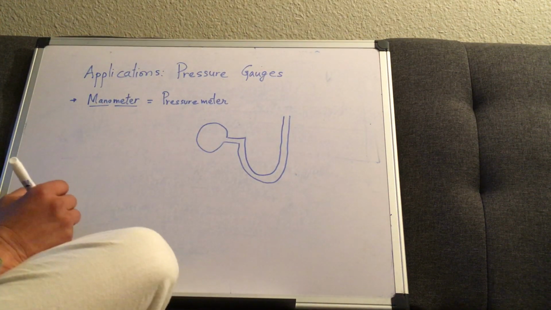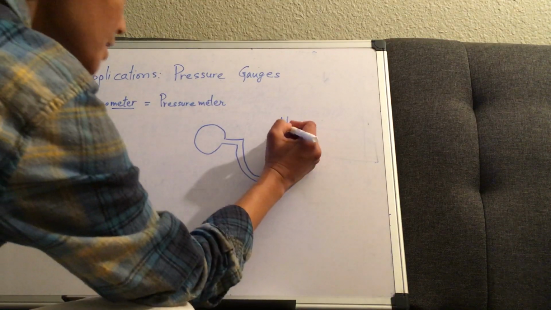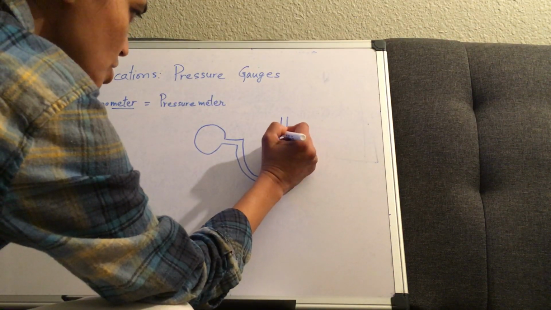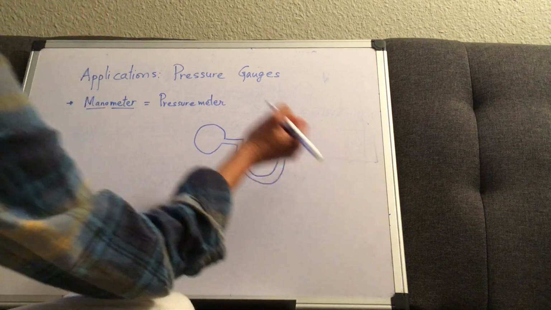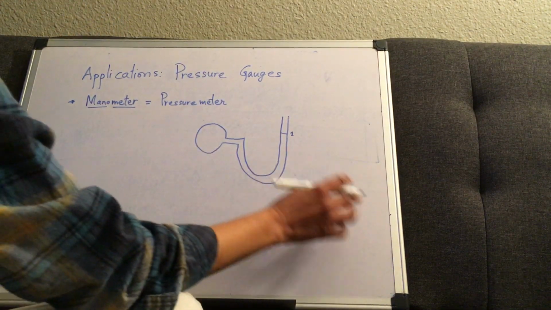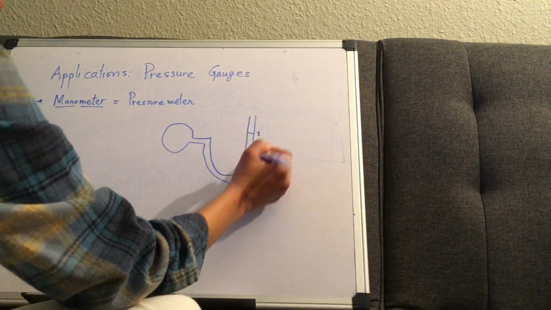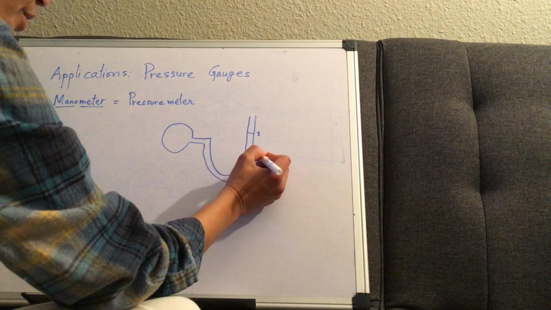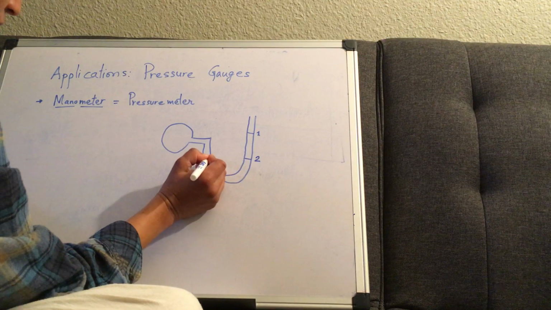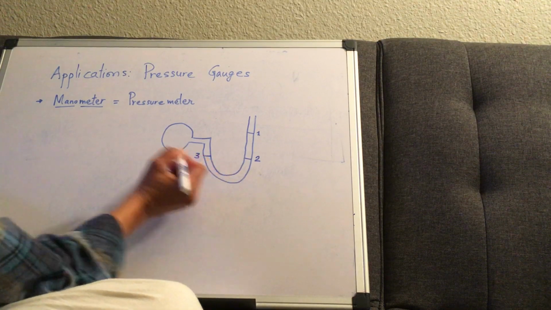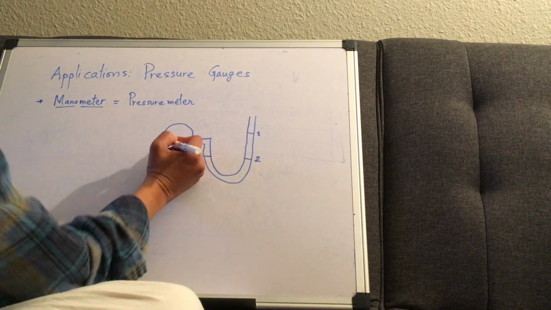Let's divide it into different regions. Let's say this is point 1, and there is another point 2, and let's say the other point at the same horizontal line is 3, and this part is 4.